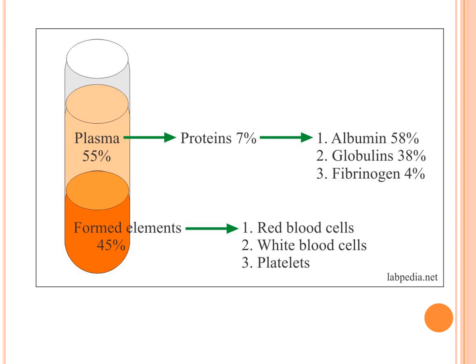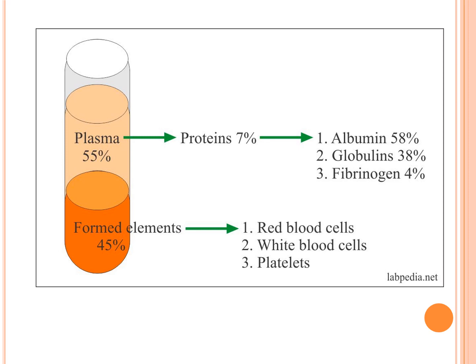From the blood cells, we have three types. The first one is RBC, also called red blood cells or erythrocytes. These are small circular enucleated cells. Enucleated means they don't have a nucleus. In place of the nucleus, they have a protein called hemoglobin. We know that hemoglobin helps in collection of oxygen.